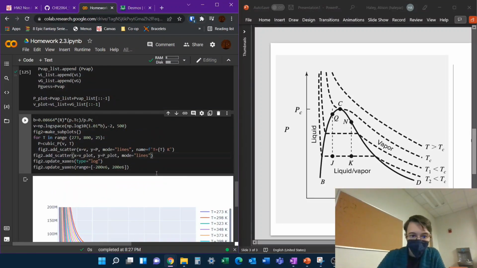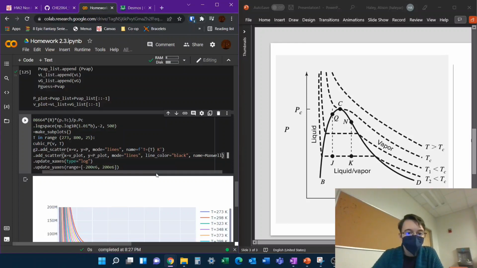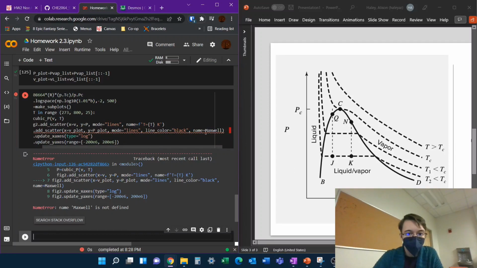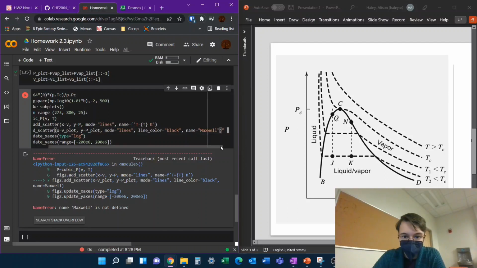So let's try black, line color equal to black. And then we can name this curve Maxwell construction, because we found the curve using the Maxwell construction. We'll just call it Maxwell. Okay, let's try that. Oh, I need quotes around Maxwell. All right, let's try that.